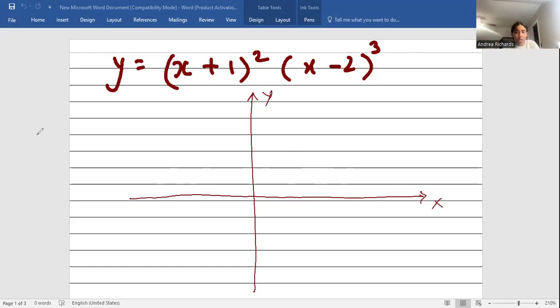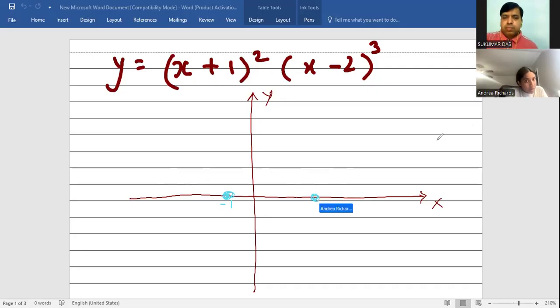First let me make the zeros. There are 2 zeros. So positive and odd. So this starting is from left hand side. This will bounce, and this is odd, so it will cross.